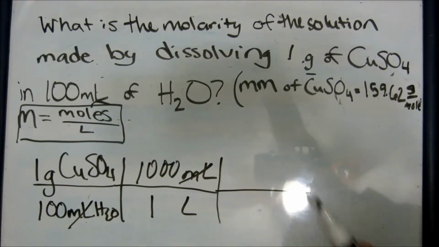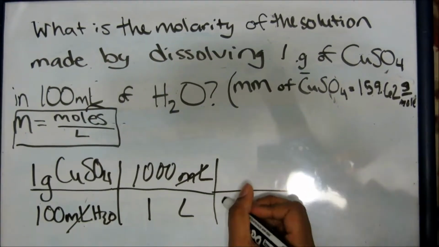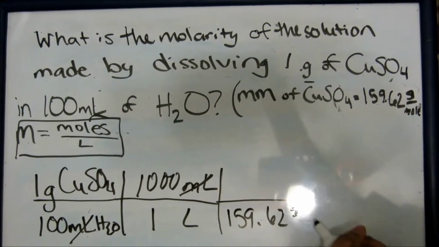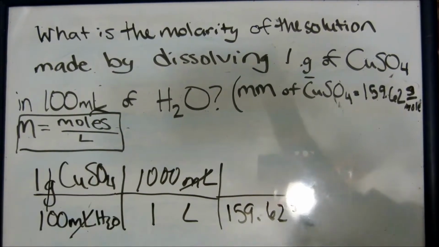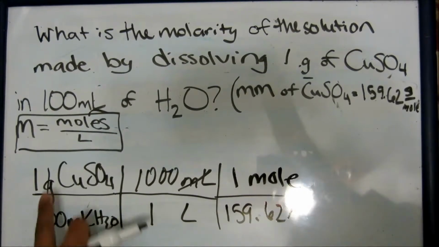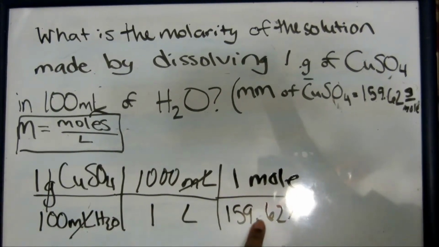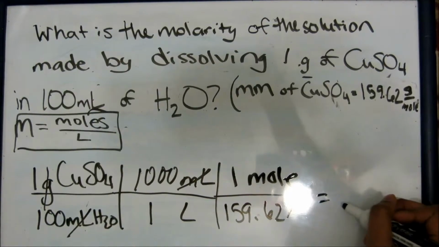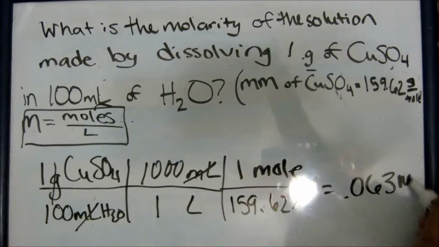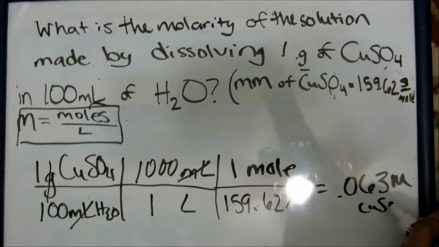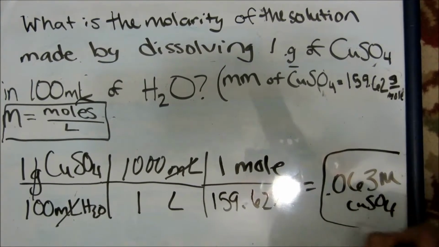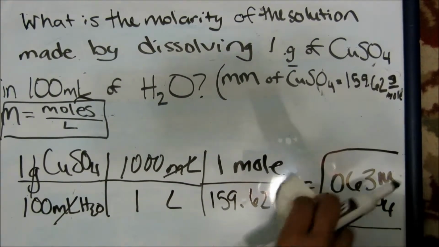We know that the molar mass of copper 2 sulfate is 159.62 grams, which means grams is crossed out, and 1 mole. Now basically you multiply the top and divide by this, which will get 0.063 molarity of copper 2 sulfate. That was in 1 gram of copper 2 sulfate in 100 milliliters water. That was the first one.